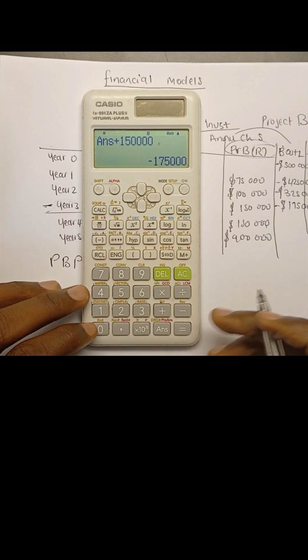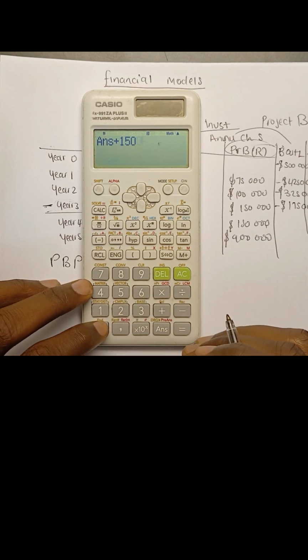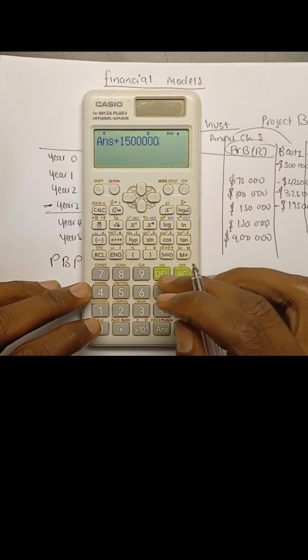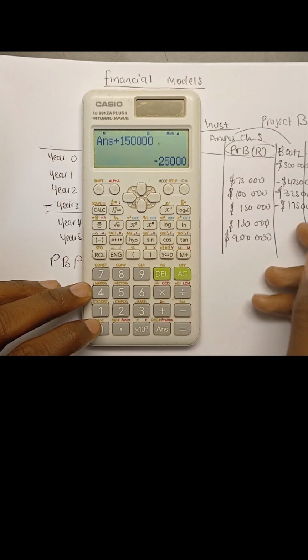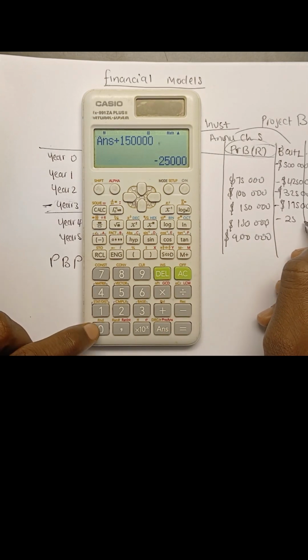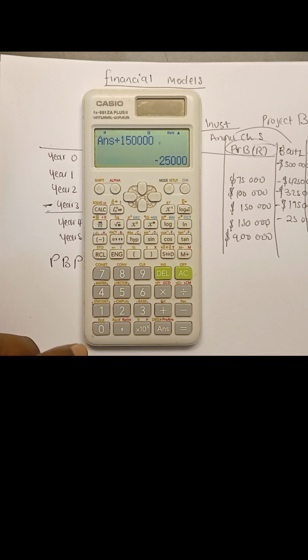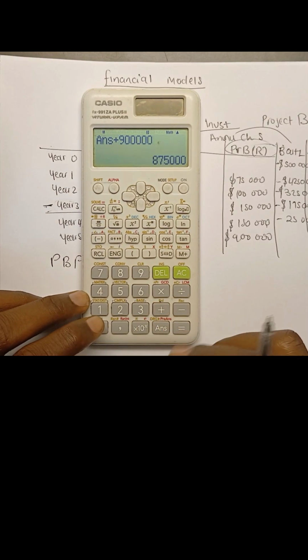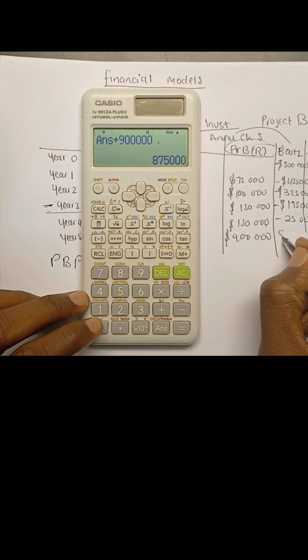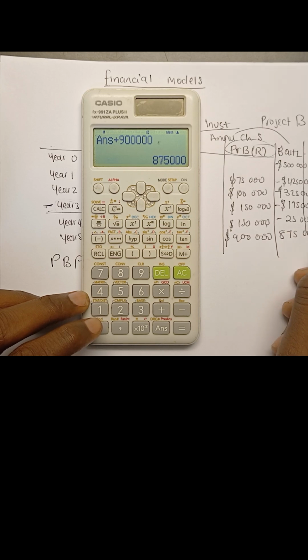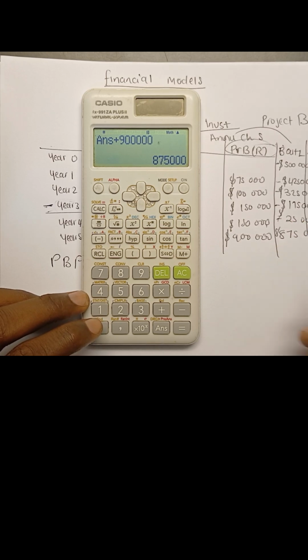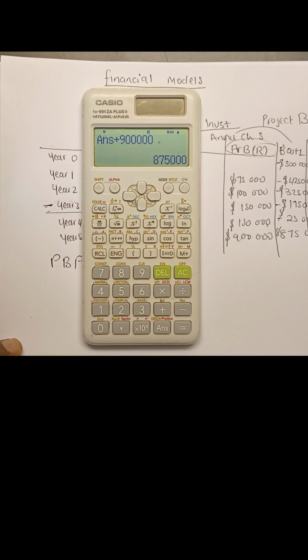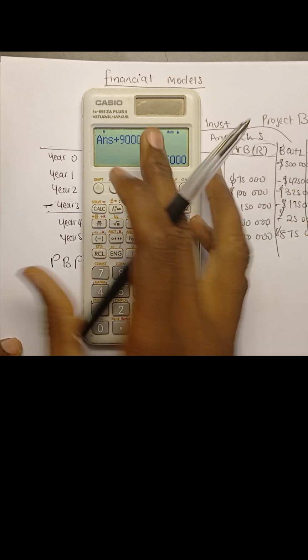Then negative 175,000 plus 150,000, then you get minus 25,000, right? Then minus 25,000 plus 900,000, then you get 875,000, right?